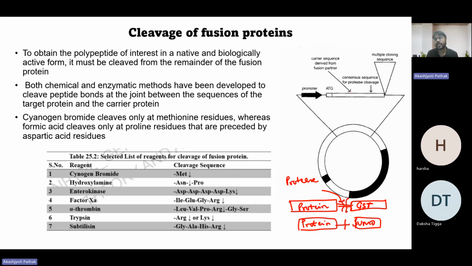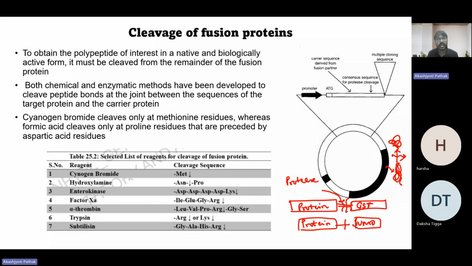Your gene of interest will get expressed, and along with it, the carrier protein derived from the fusion partner will also get expressed. Okay, but you only need this protein. You do not need this protein. So what you have to do, you have to cleave this. So you have to add that.